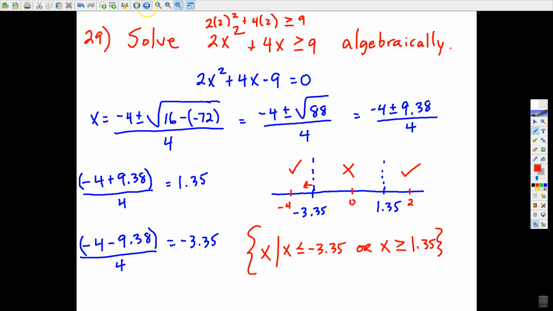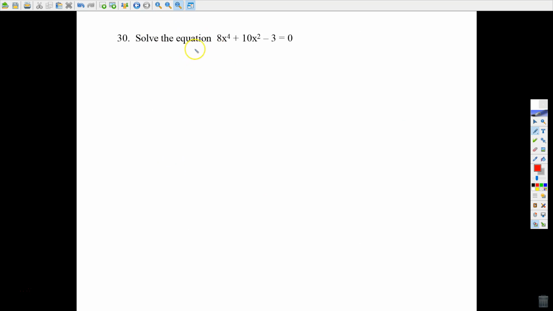And we have one more, number 30. We have this equation. It's a quartic trinomial, and we're going to see if we can solve this by factoring.